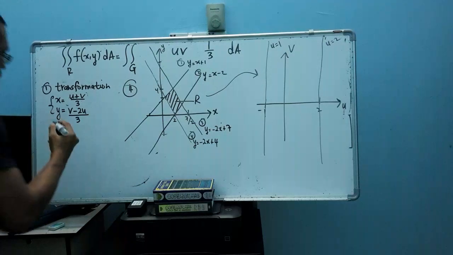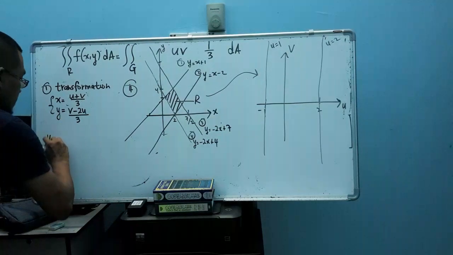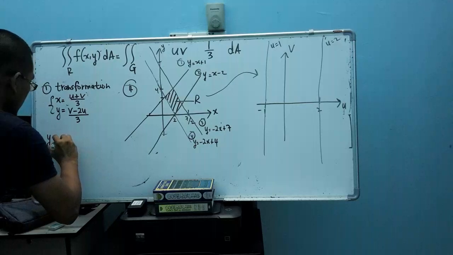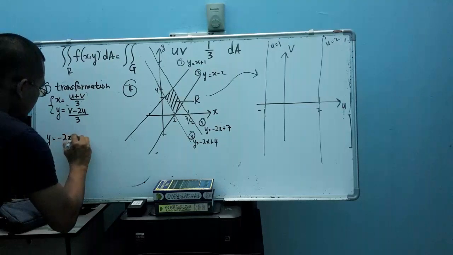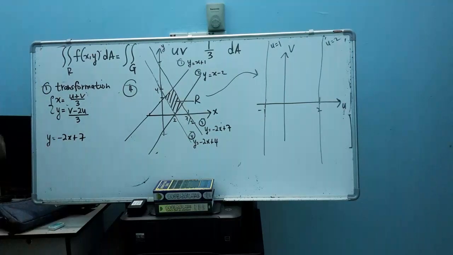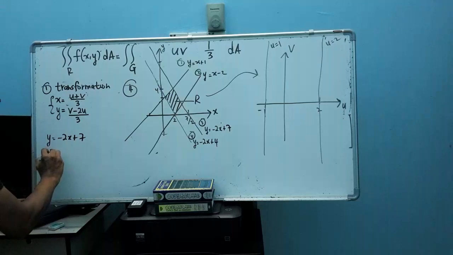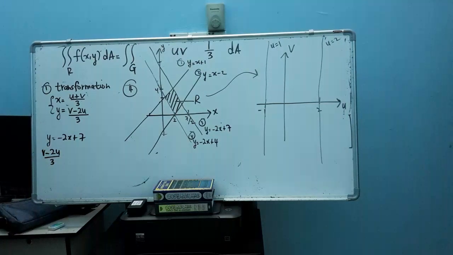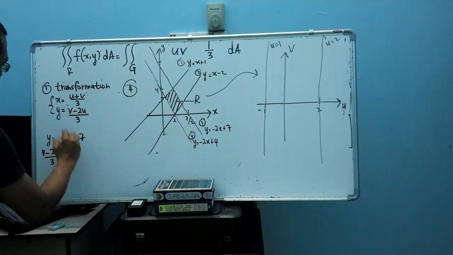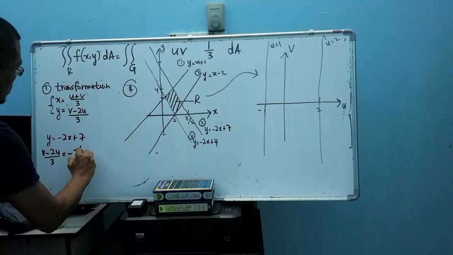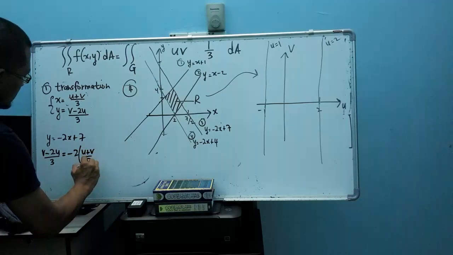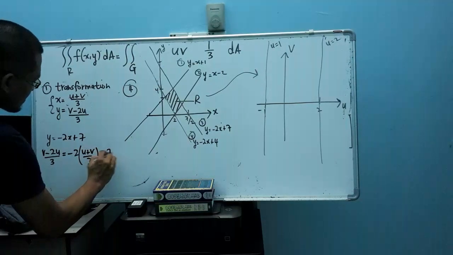Now I will have y equals minus 2x plus 7. What is my y here? My y here will be (v minus 2u) over 3. And then minus 2x here will be minus 2 times (u plus v) over 3, and then plus 7.